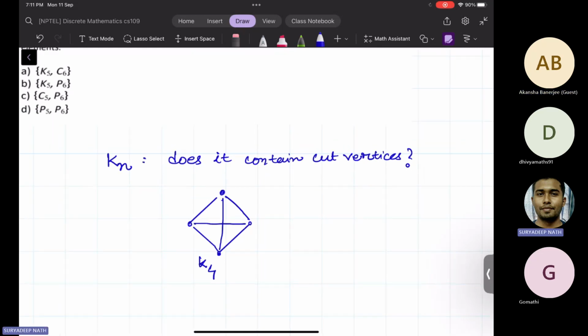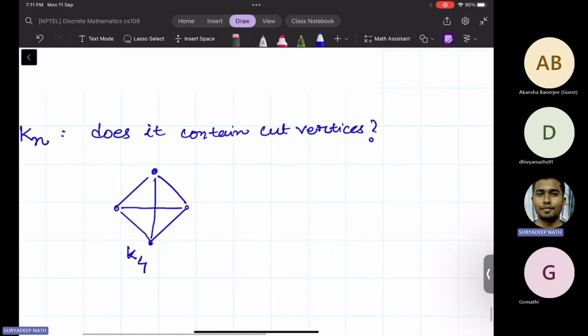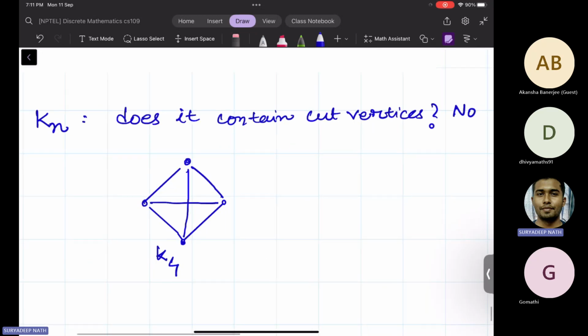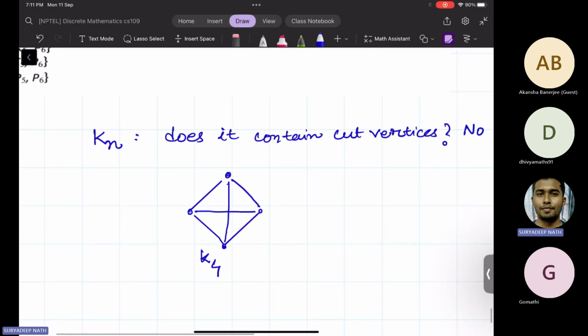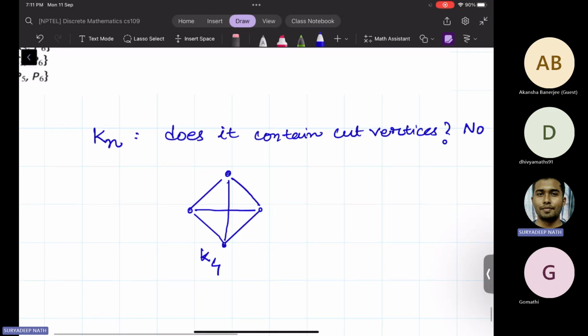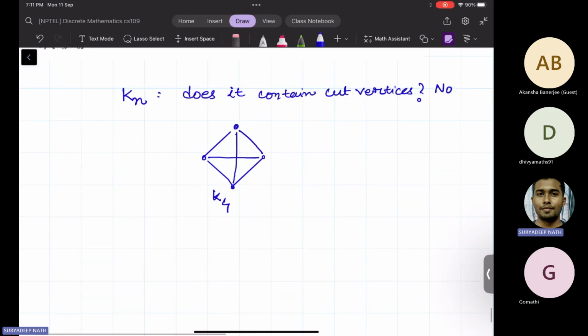Since it's a complete graph, the other nodes will still remain connected with each other, so it cannot contain a cut vertex. If I remove any one of the nodes, the graph does not become fragmented in Kn, so it does not contain a cut vertex.